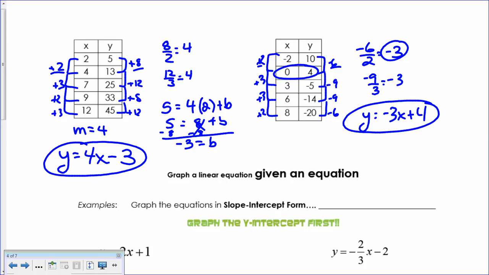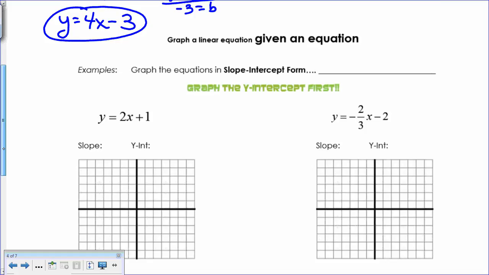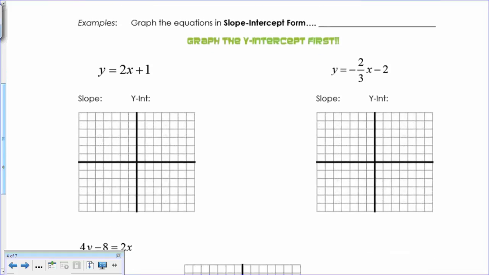Now the last part is taking an equation in slope-intercept form and graphing it. This is a nice, easy task if you just make it easy on yourself. So if we have y equals 2x plus 1, what do we know our slope is? 2. What's our y-intercept? 1, right? So where's the point 0, 1 if I start from the origin?